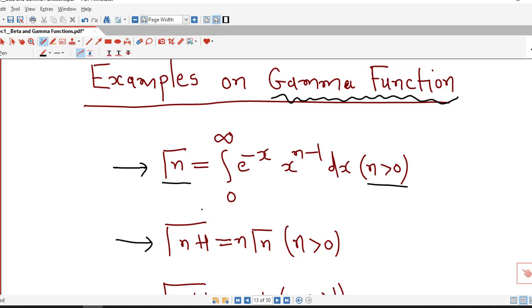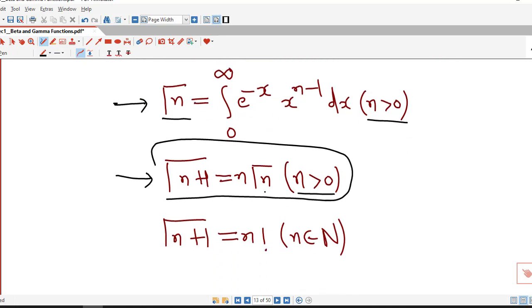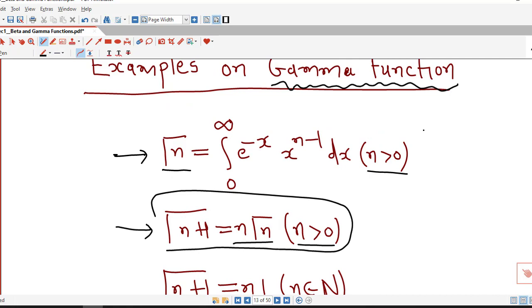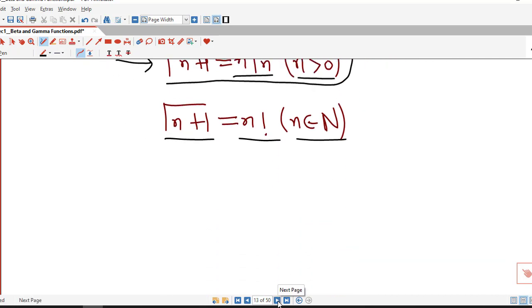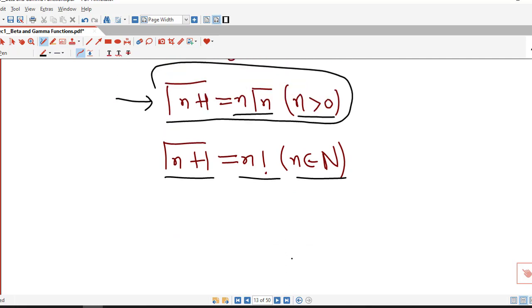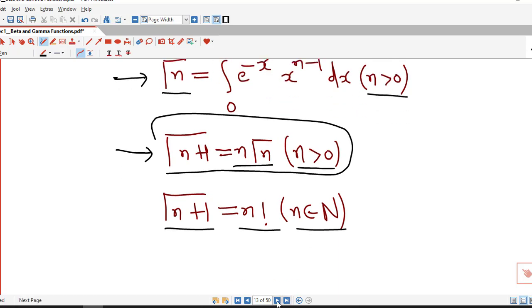Also we have proved the recursive formula for gamma function, which is gamma n plus 1 equal to n times gamma n for any positive real number n, and if n is a natural number, we have gamma n plus 1 equal to n factorial. Keeping these three things in mind, we consider some examples in this lecture, which will be using these three properties of gamma function.